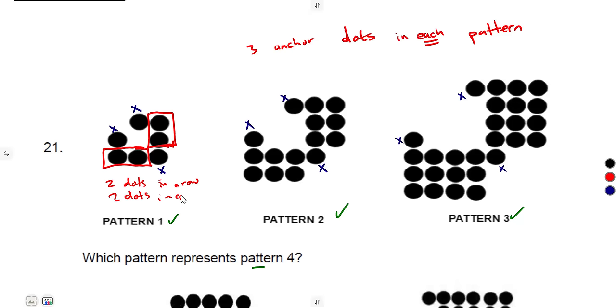Column. Which is the same thing here. 2 for the row, 2 for the column here. Let's get rid of this one. Let's see. Also, we said, all right, the number of dots, there are 2.